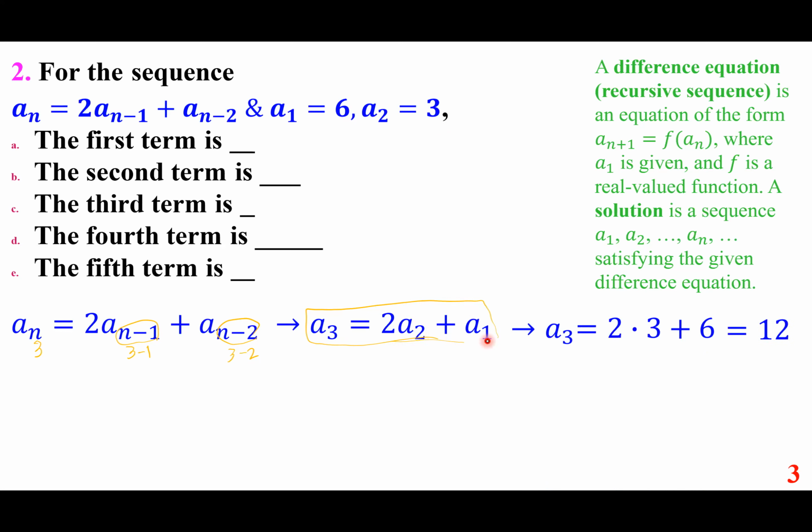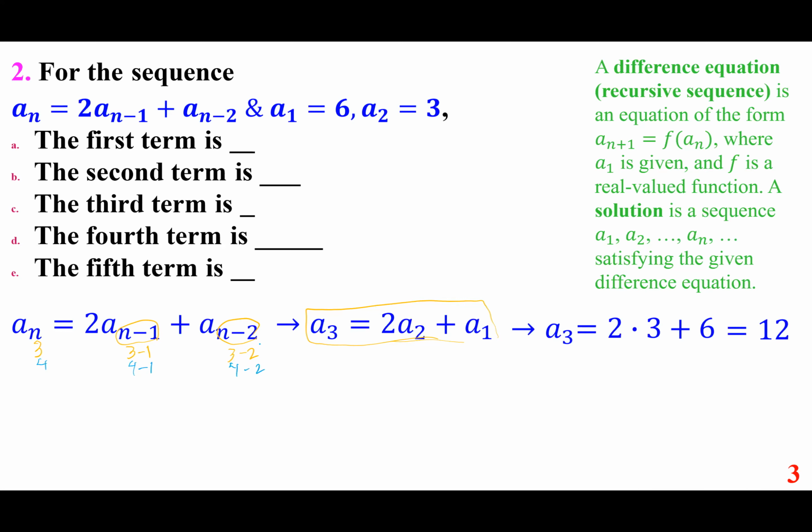Let's do one more. We want to go with a sub 4 here. So if we change this to 4, this becomes 4 minus 1. Let's write it. We change this to 4. This becomes 4 minus 1. This becomes 4 minus 2.